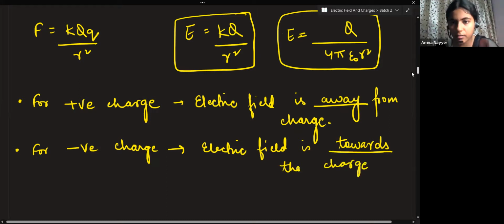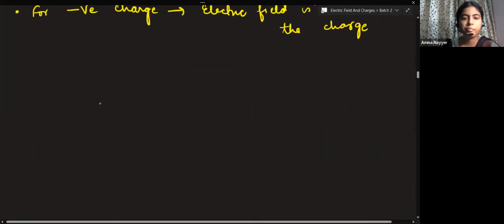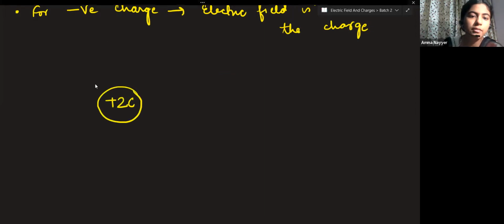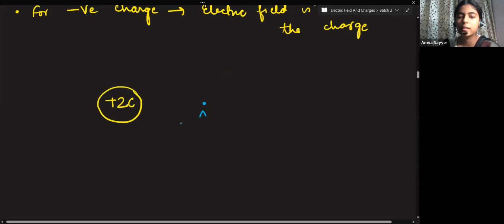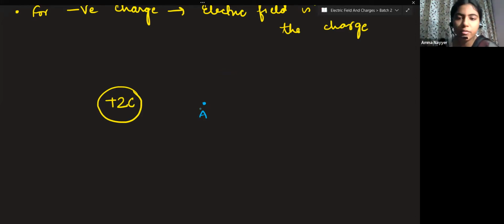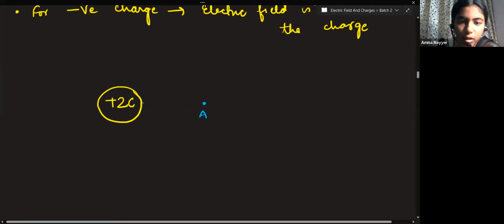Like if I give you this example, a plus 2 Coulomb charge is there. Now see, I have taken a point over here. This is point A. This is plus Q. So if I go towards it, this will be the direction, and if I go away from it, this will be the direction.